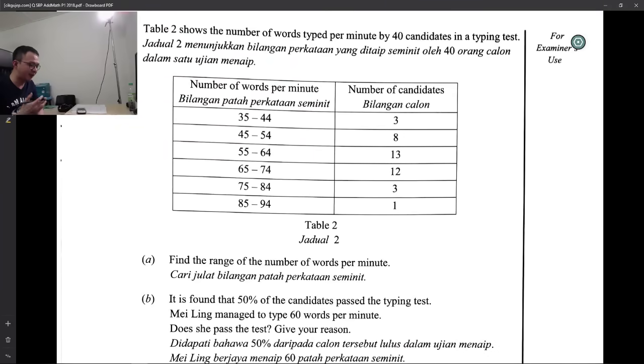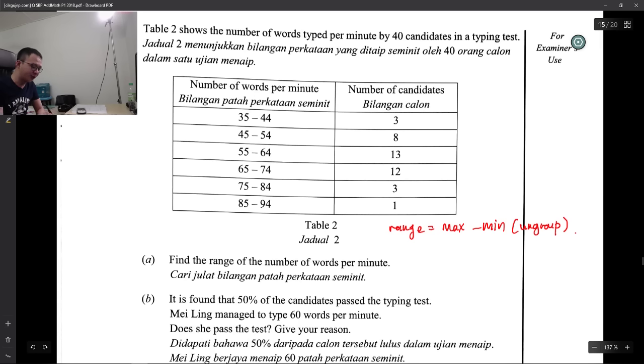Table 2 shows the number of words typed per minute by the candidates in a typing test. Find the range of the number of words per minute. Normally we know to find a range, we use the maximum value minus the minimum value. For this part, I actually got a different answer from the marking scheme, but I will explain my logic. Normally this pattern I use on ungrouped data, meaning data without the table.